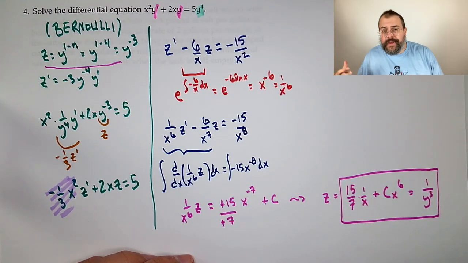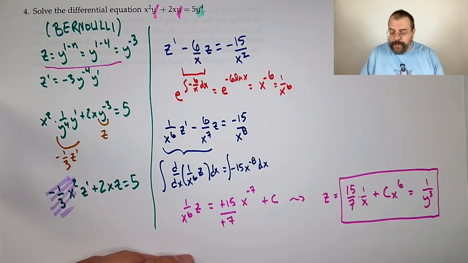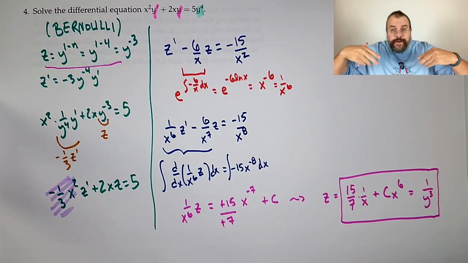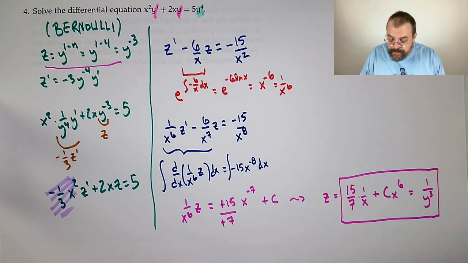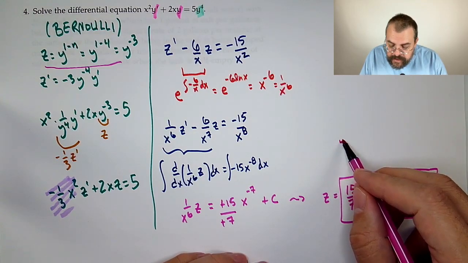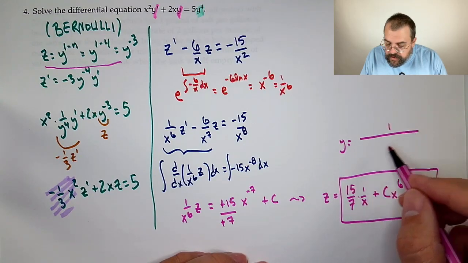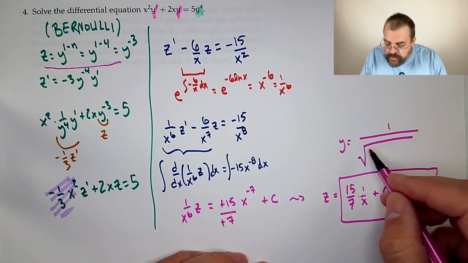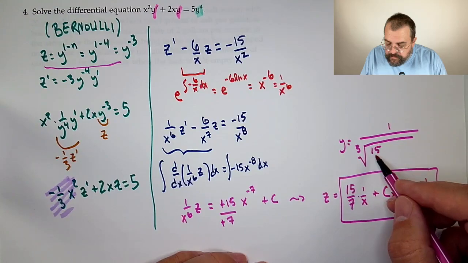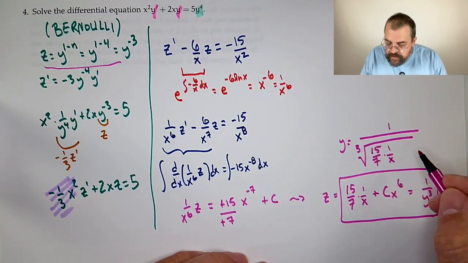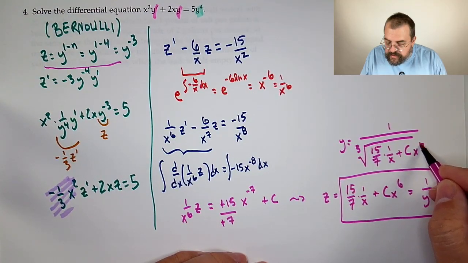If you are somebody who says, no, I really have to solve for y, okay, flip both sides and take the cube root. And so you get that y is 1 over the cube root of this term, 15/7 times 1 over x plus some constant x to the 6.